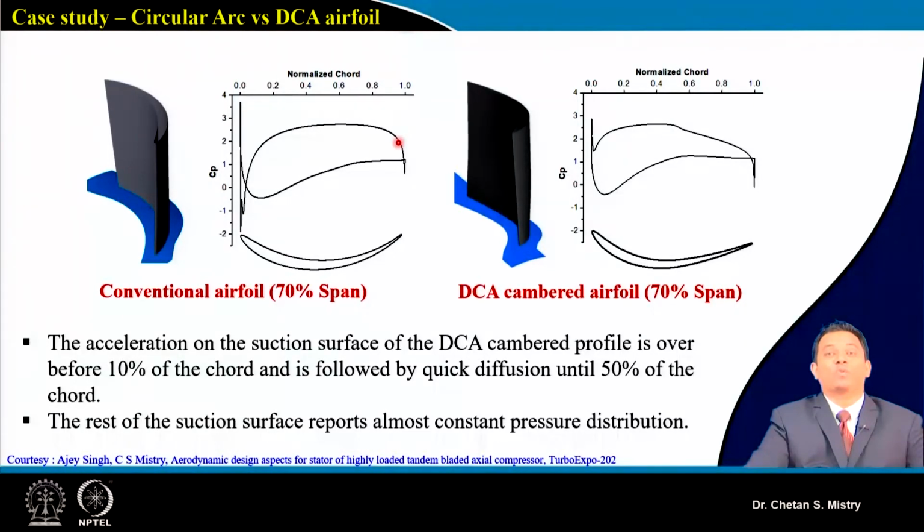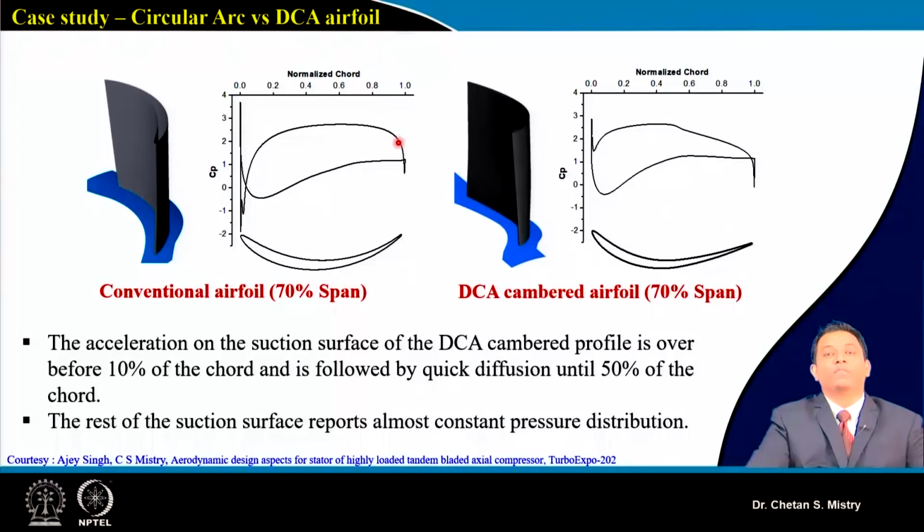Since this is my stage, the turning coming out of my rotor needs to give me an axial outlet, and that is where my delta beta, or delta alpha, for the stator becomes very large, making the design of the stator very complex.